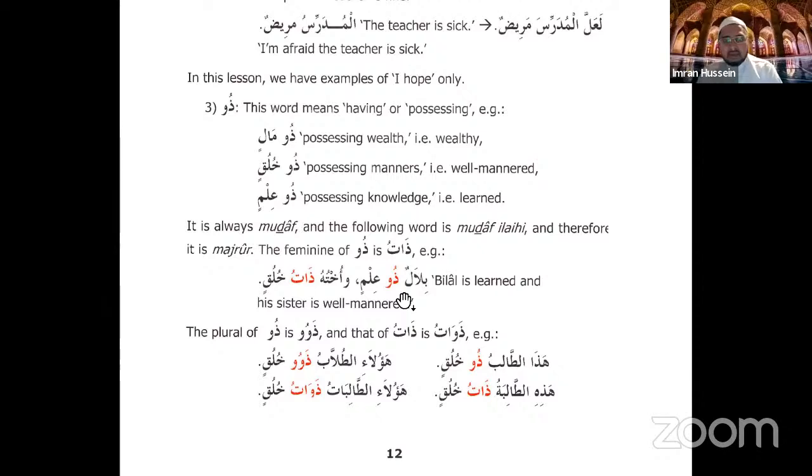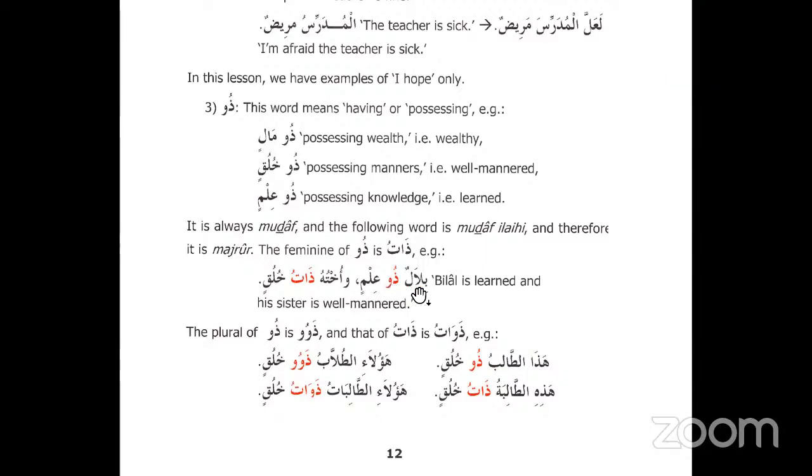Okay, if you said Bilalun ilmun, it has no meaning at all. Bilal is ilm, it means knowledge, makes no meaning. But when you say Bilalun dhu ilmin, the word dhu comes in meaning of possession. Bilal is the person who is possessing knowledge.